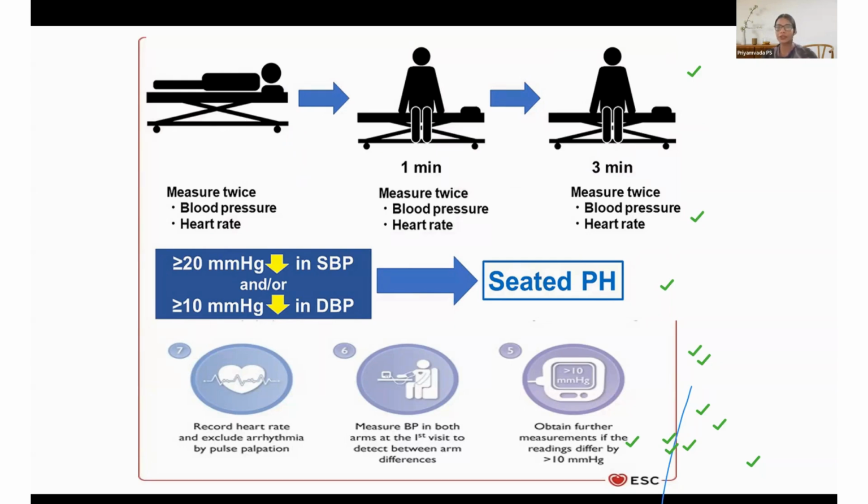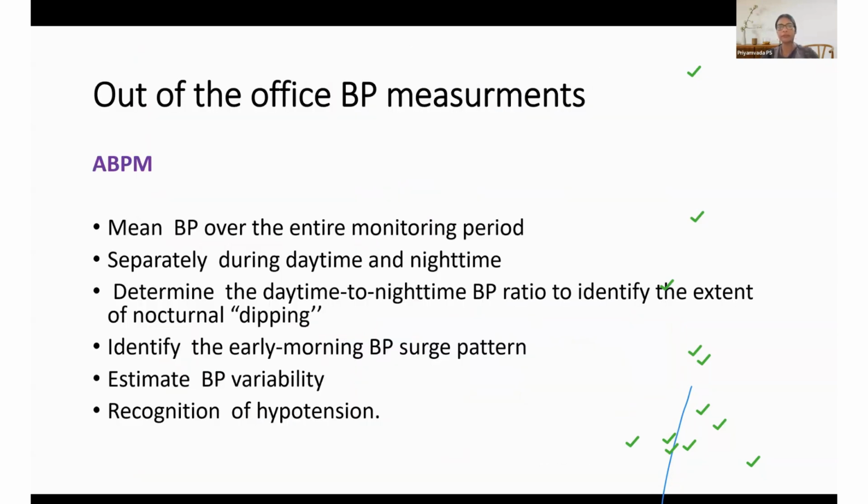Then instruct the patient to sit up, and we have to measure at 1 minute and 3 minutes. So either an abnormal reading at 1 minute or 3 minutes or both is diagnostic of orthostatic hypertension. Look for a 20 millimeter of mercury fall in systolic and a 10 millimeter fall in diastolic pressure.